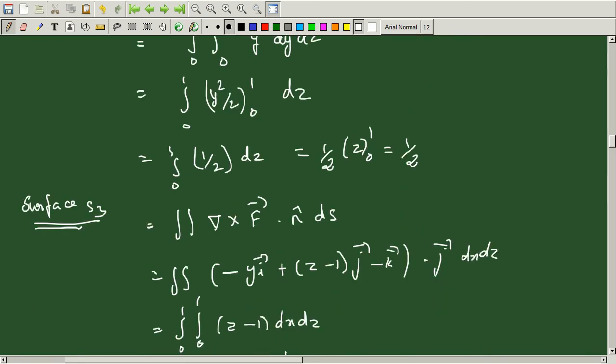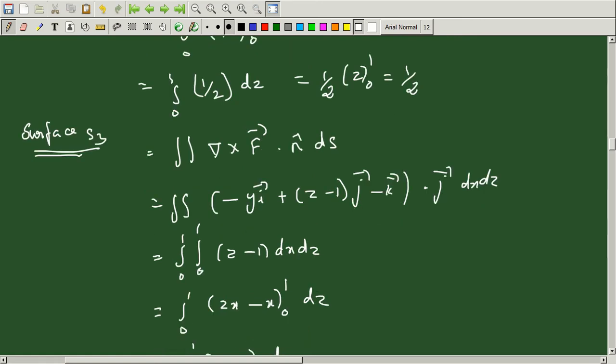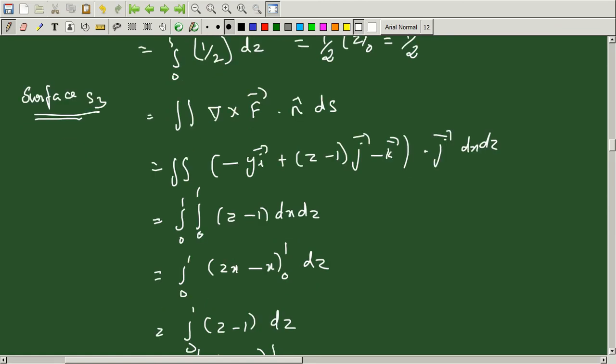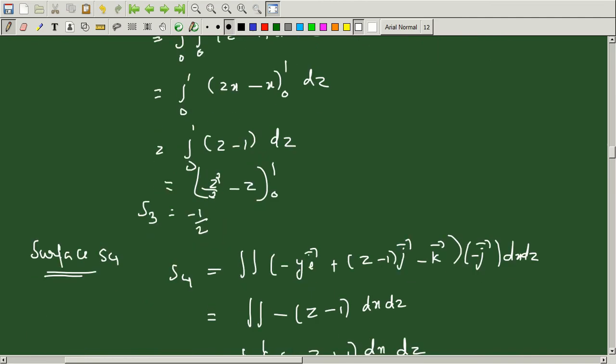The next calculation, S3 surface, n cap is the j vector. So j dot j is only 1, the remaining other things 0. So we are getting z minus 1. Then we do the integration, and finally we get for the S3 surface minus 1 by 2.